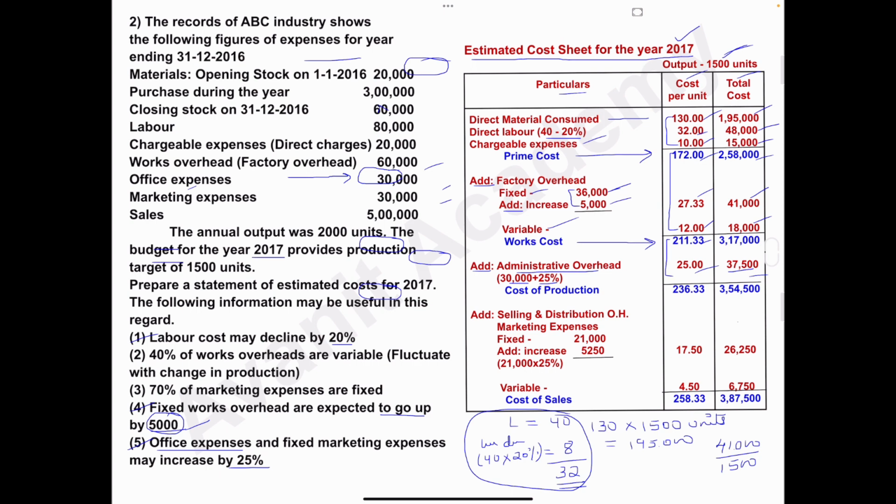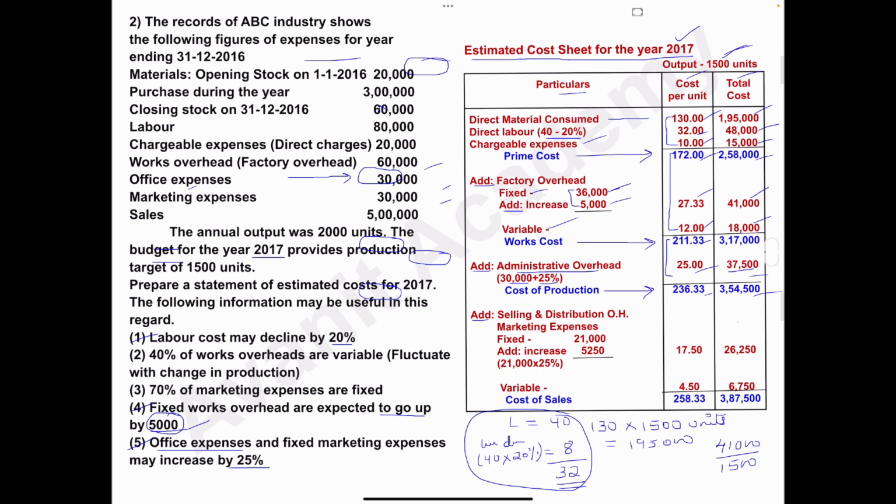Add these two. 211.33 plus 25 and the total is 236.33 and total cost 3,17,000 plus 37,500 and the total is 3,54,500. This is cost of production.